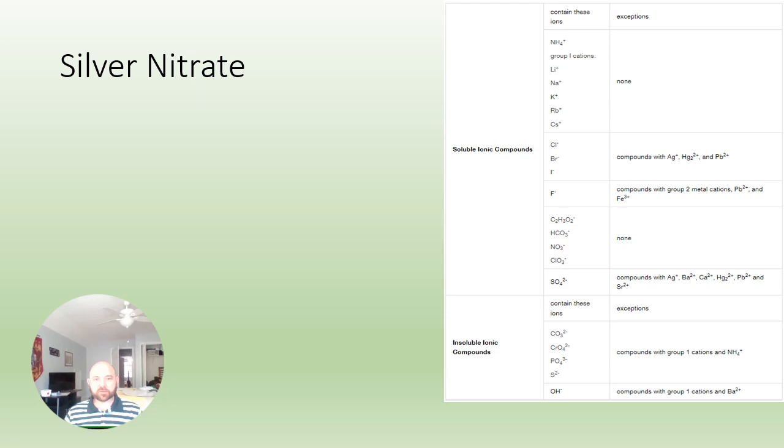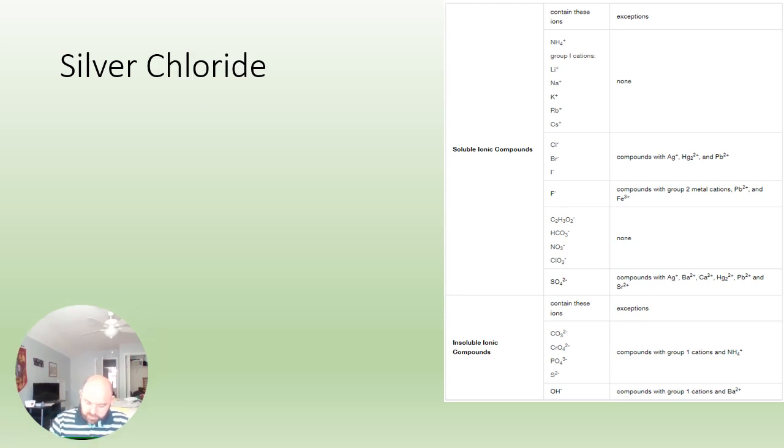So here's our next example, silver nitrate. Silver nitrate has the formula AgNO3. Silver is a +1 ion, nitrate is a -1 ion, so you need one of each. AgNO3 is the formula for silver nitrate.